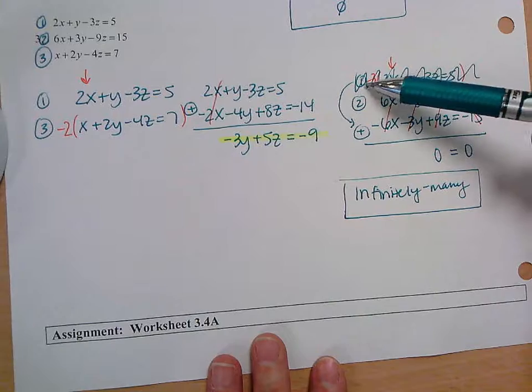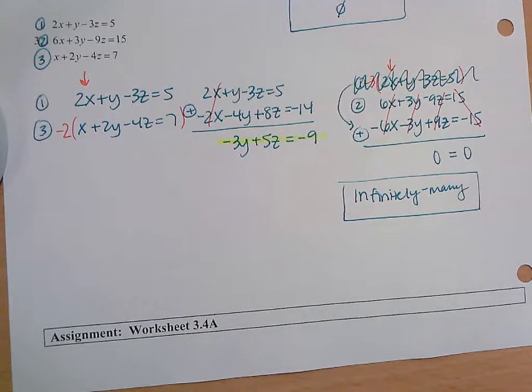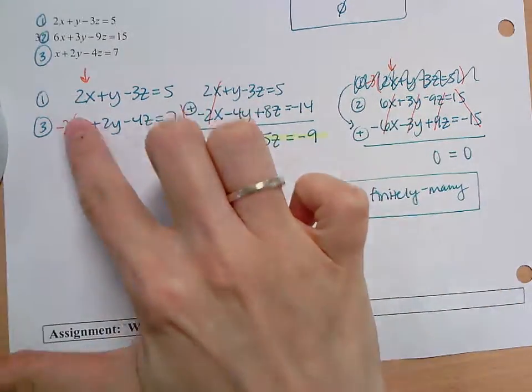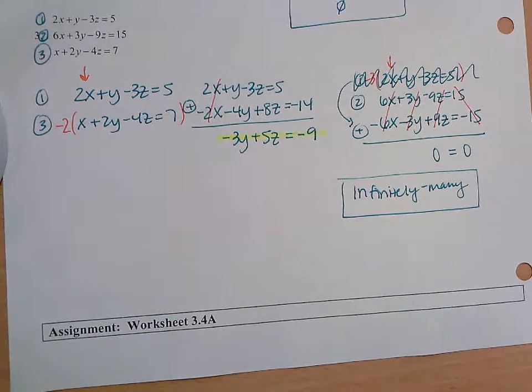This means planes 1 and 2 are the same plane, like two sheets of paper. Then planes 1 and 3 intersect to form a line. So this is 1 and 2, and then plane 3 is coming in like this.